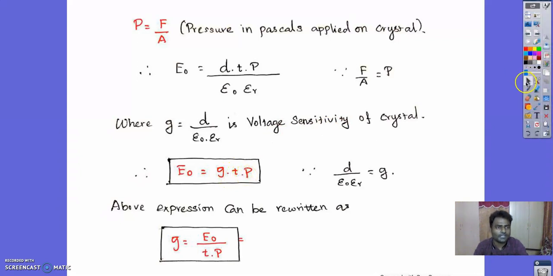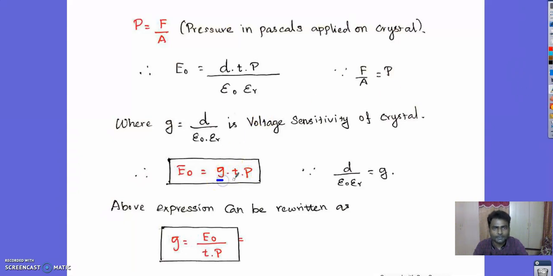That is what G means. That is voltage sensitivity G, T is thickness, P is pressure. So from the above expression, we can rewrite this equation in order to find the voltage sensitivity also. So G is equal to output voltage divided by thickness into pressure. This is the final equation for your piezoelectric transducer in terms of output voltage and voltage sensitivity.